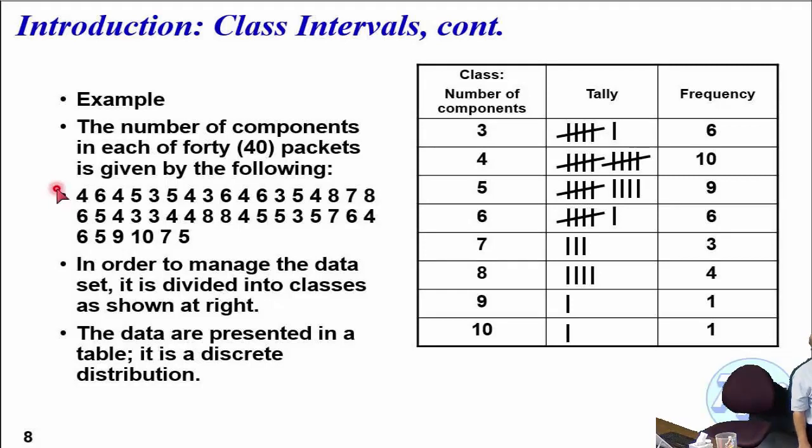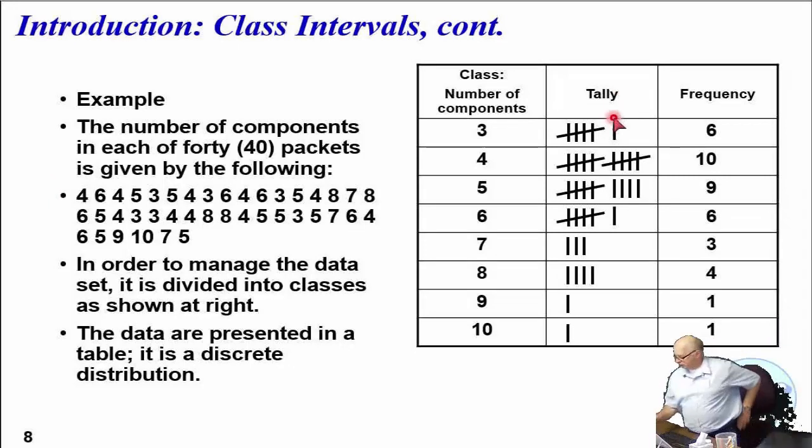So the analysis now, the first step in this case, is to put them into bins. And the bins that I've chosen here are discrete values. If this is number of components in a packet, then we're hoping we only get whole numbers. So there we go. I meant to point over here, sorry, because Mark's recording this, and you can't see if I wave up here. You can see if I do this. So what can I see now?